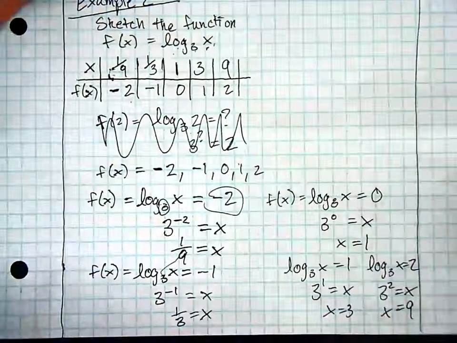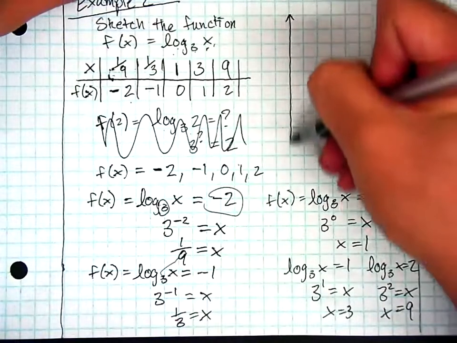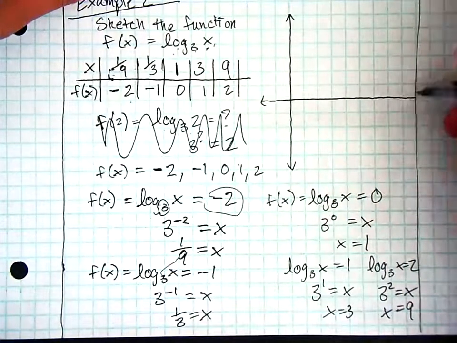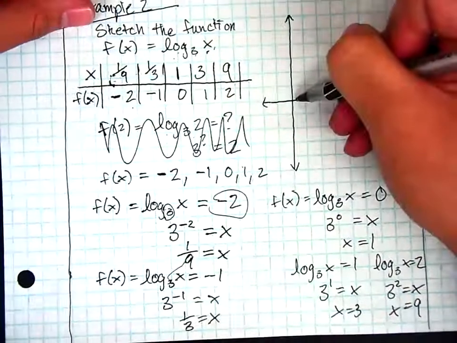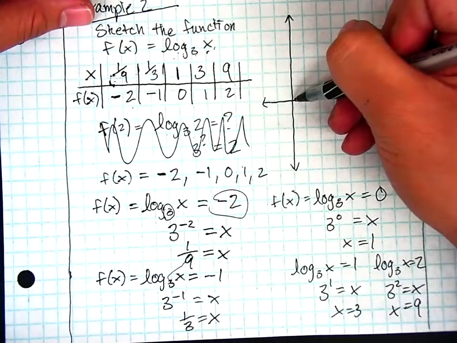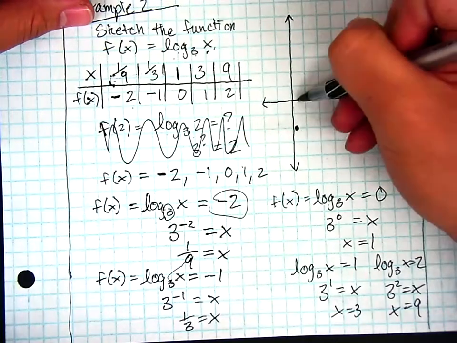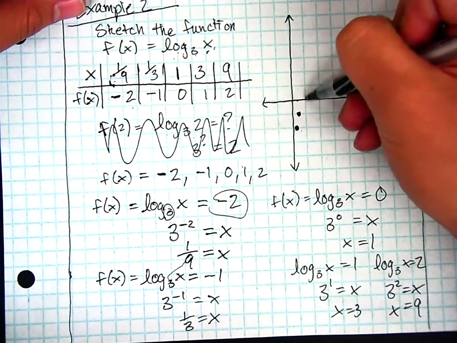Alright, so we are going to need quite a bit of space on here, but mostly in the positive region. Let's go ahead and look at that. Okay, so let's go ahead and graph this guy. At 1/9, so really close to 0, we are down at -2, so let's put a point there. 1/3, a little bit closer, is -1.